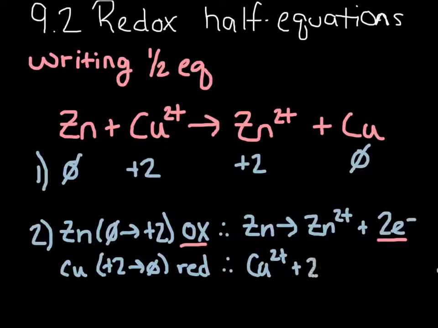It is gaining the 2 electrons zinc is losing to make a pure copper atom. Again, an element that is being reduced is gaining electrons, which means you need to add those electrons to the atom on the reactant side.